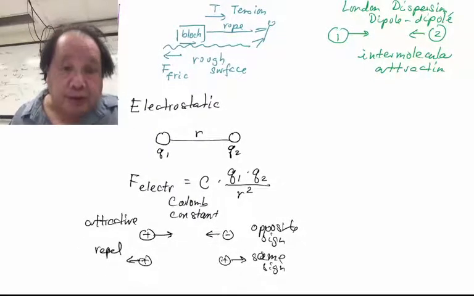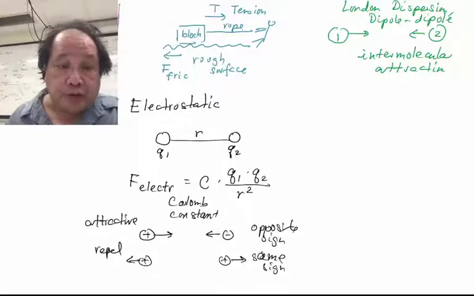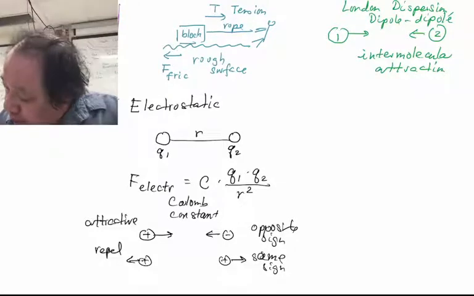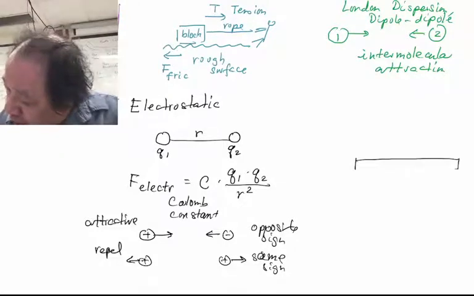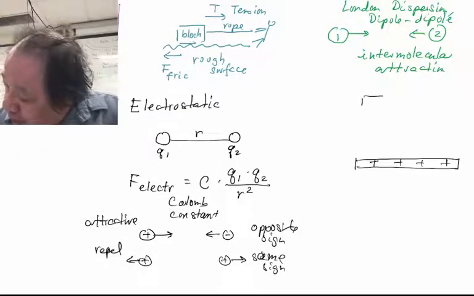There's a second way to look at electrostatic force, which is very useful if we're going to deal with uniform charged plates. Here is a charged plate that is uniformly plus charged throughout, and another charged plate which is uniformly minus charged throughout.